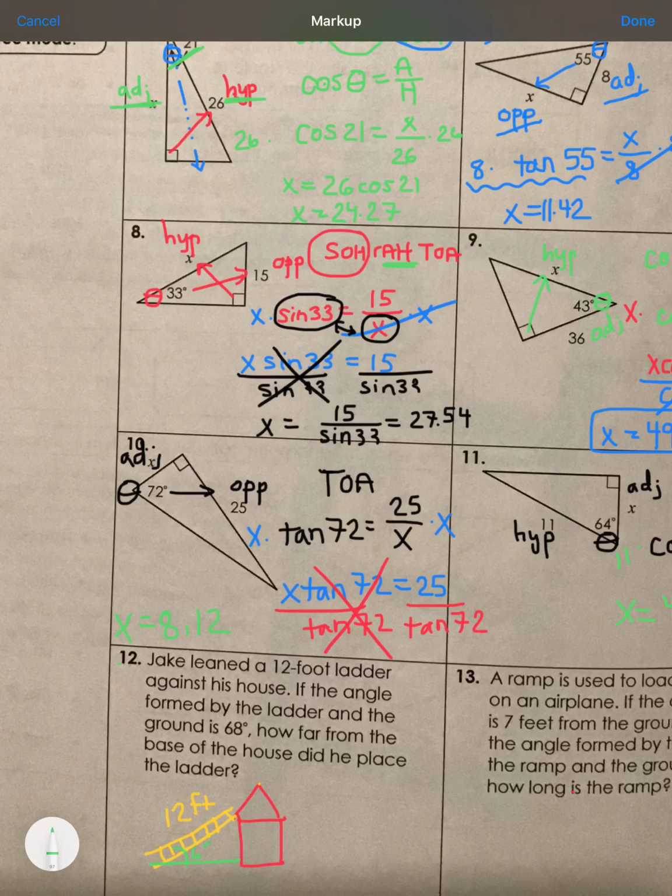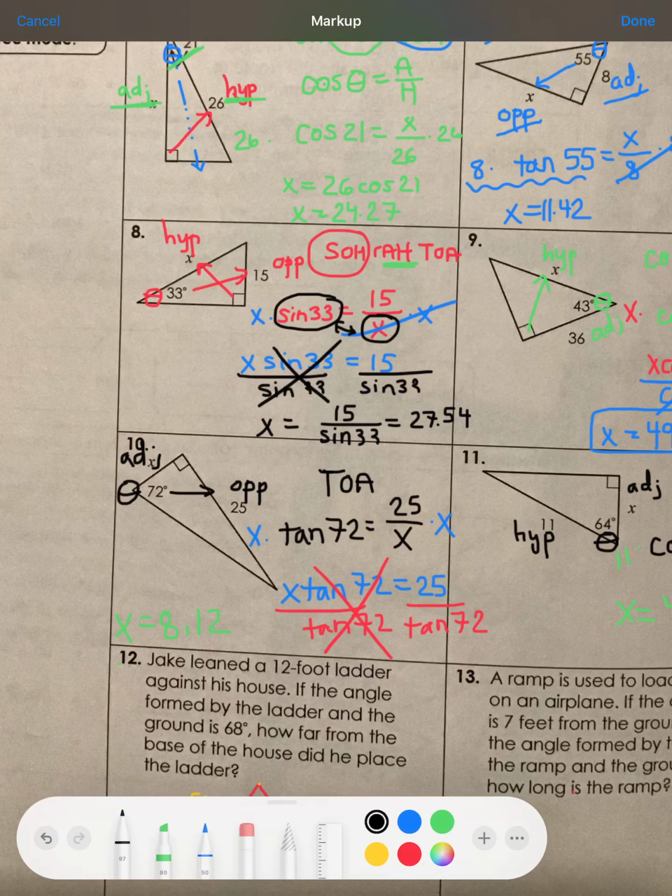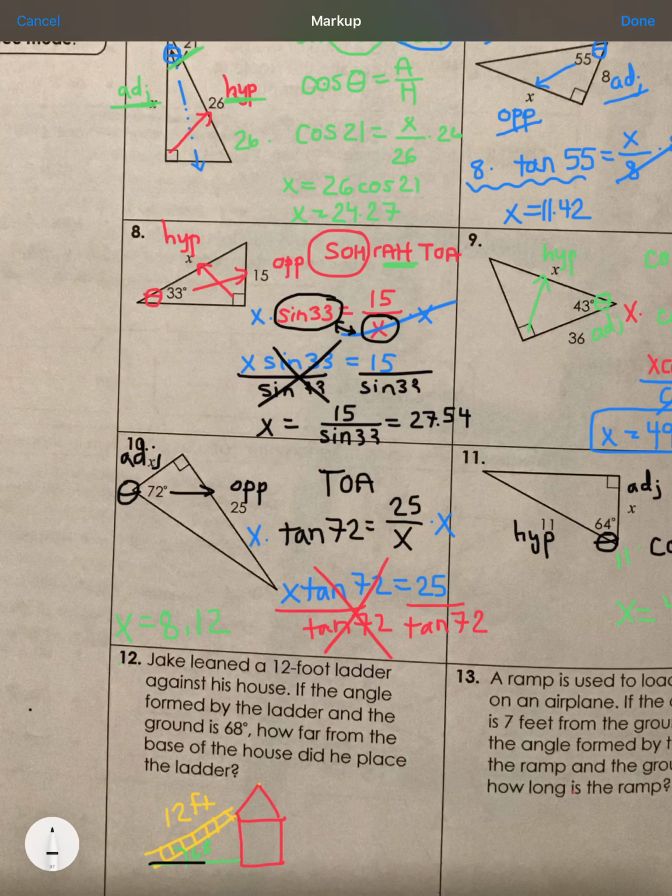And if the angle formed by the ladder and the ground is 68 degrees, so we have the ground here and the angle between the ladder and the ground is 68. How far is the ladder from the base of the house?